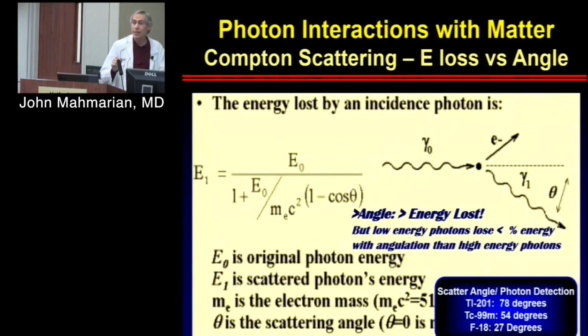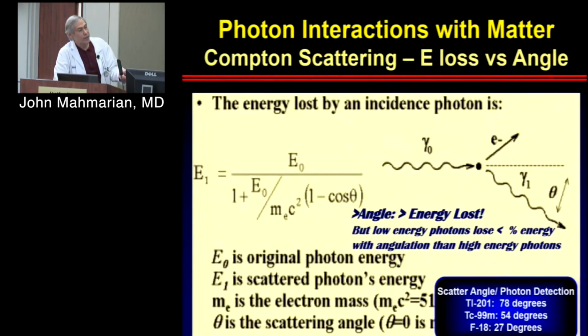So what does that mean? That means when we think about imaging, we usually put the peak of the camera at like 72 keV, and we use plus or minus 10% on each side of the photopeak to be able to detect a photon. Well, what that means is when you use an agent like thallium, you're going to detect a lot of scattered photons. And that's going to really affect your spatial resolution, okay?